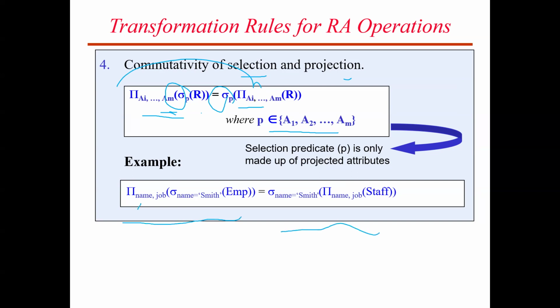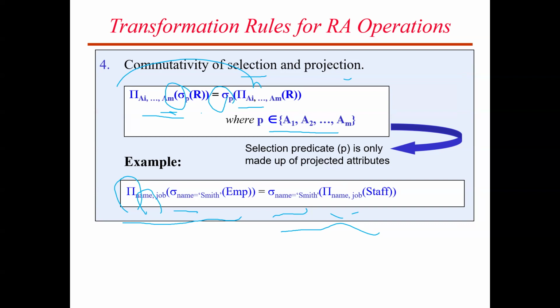You're selecting the name and the job where name is equal to Smith. You can even write it like this: name is equal to Smith, then select name and job for it. It is the same. For example, I want to select a student, Sarah, and I want to know her grade.